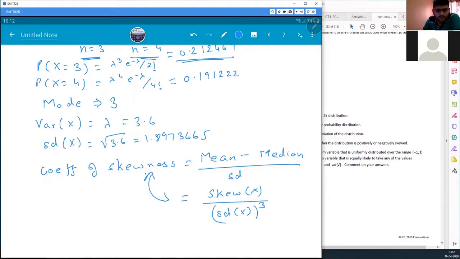The thing is that coefficient of skewness is used for comparison purposes, and if we use the same coefficient of skewness formula for both the things that we are comparing, then we'll be able to compare it properly. What happens is this one makes it easier to calculate, this one is more difficult to calculate, because finding mean and median is much easier than finding the skewness.